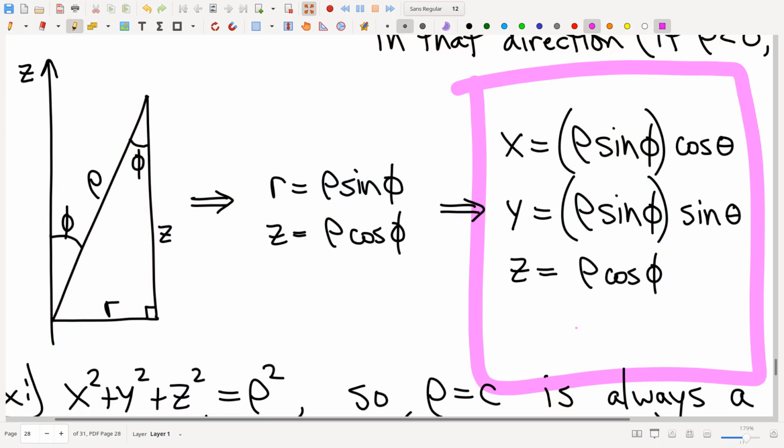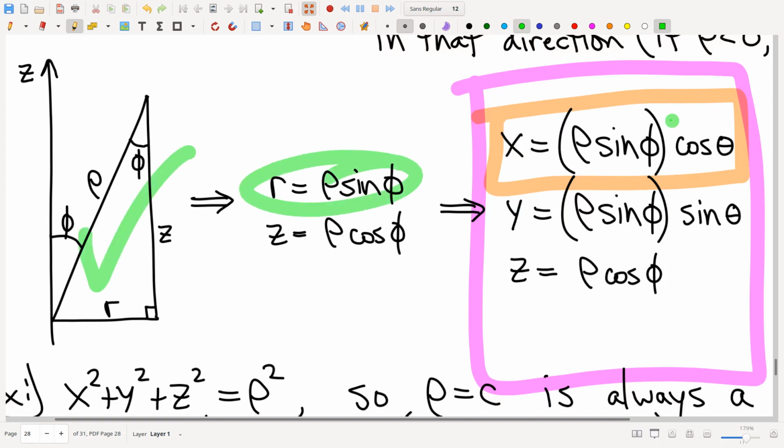So if you want to remind yourself what this formula is here, well, it's r cosine theta. That you've already memorized, that x is r cosine theta. And then you just have to remind yourself what r is, right? And again, this triangle, easy trig, tells you what r is. I do that in my head every single time I need spherical coordinates, for your consideration.